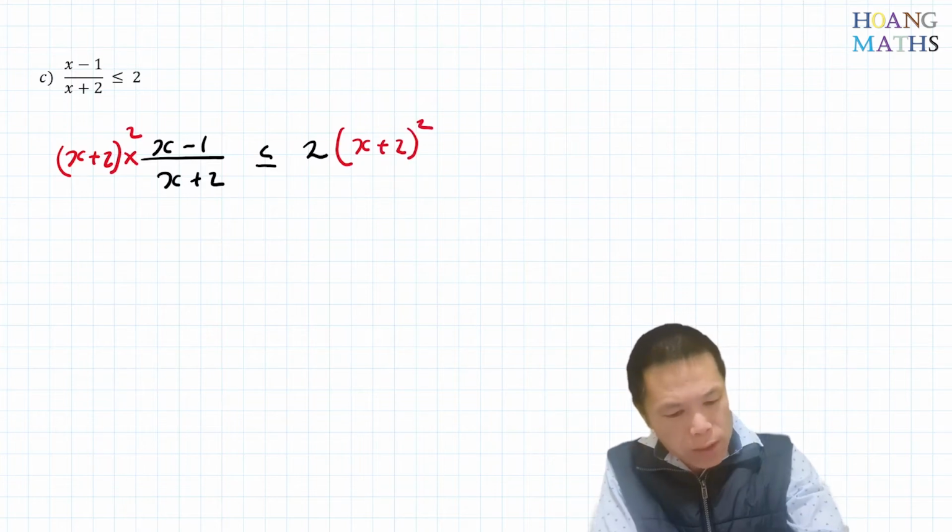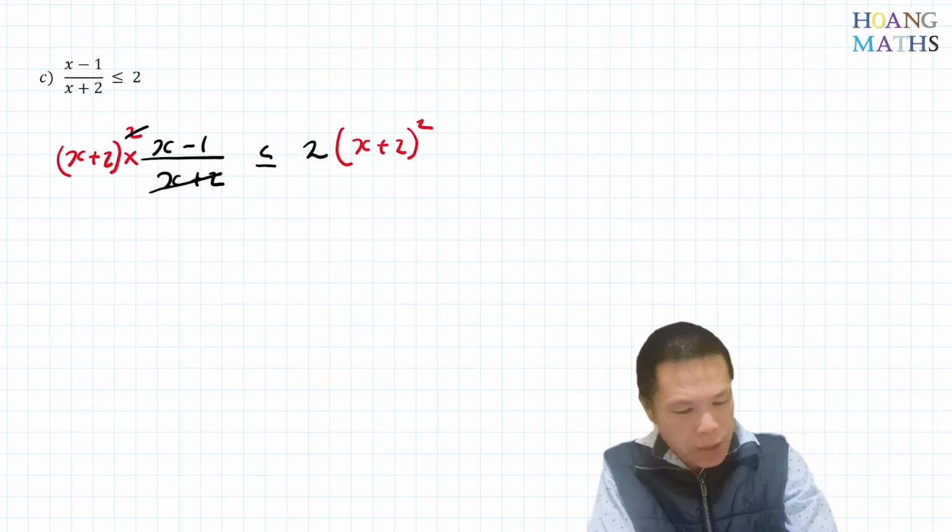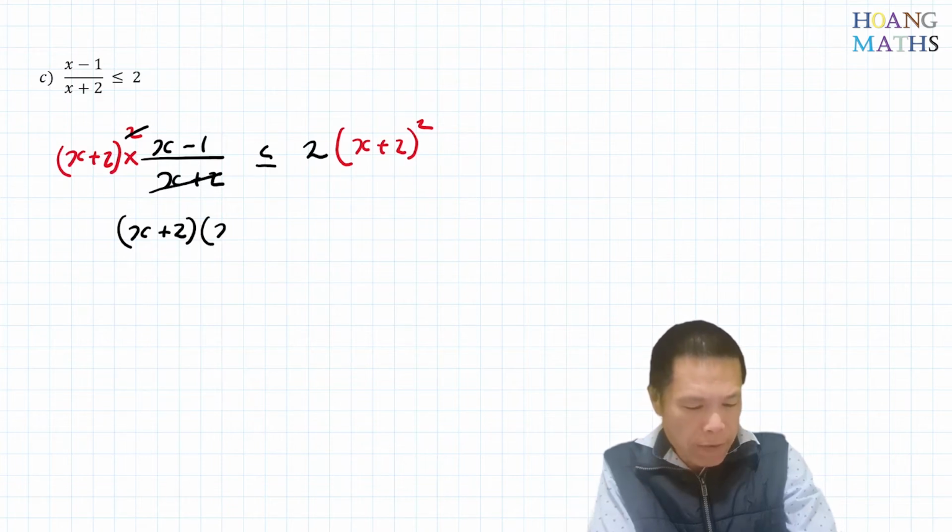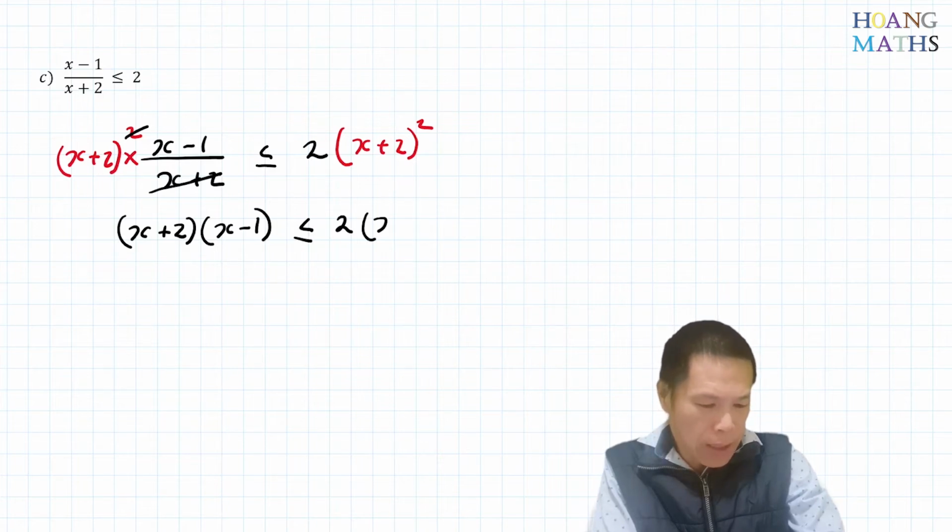And of course, I simplify this with this. So it leaves x plus 2 times x minus 1, less than or equal to 2 times x plus 2 squared.